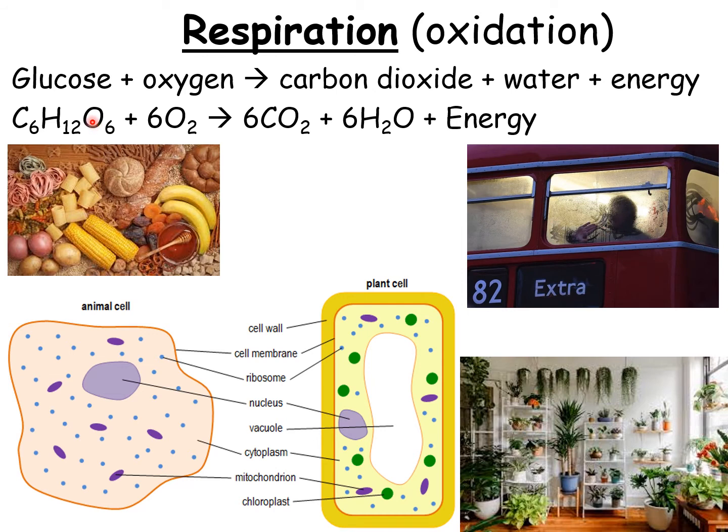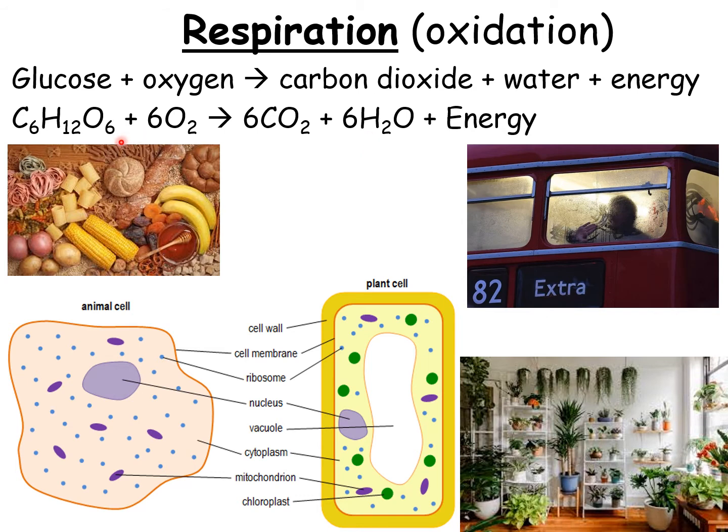Looking closely at the reaction and the atoms involved, we can see that glucose contains carbon, hydrogen, and oxygen, and the carbon atoms in glucose are oxidized to form carbon dioxide, as you learned before, and the hydrogen is oxidized to form water, again, as you've learned before.